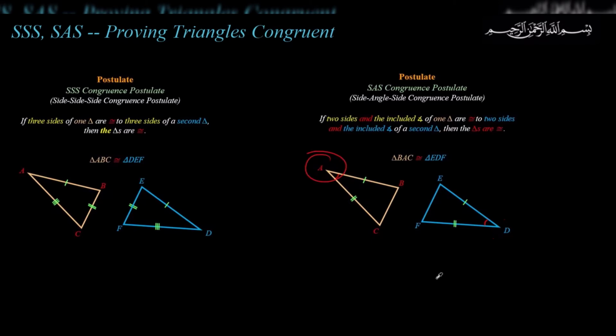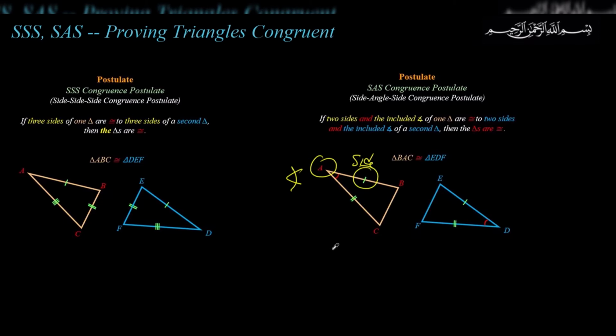Then the two triangles are congruent. That's why this is called side angle side. Side, angle, and side. So side angle side triangle congruence postulate. So we have the side congruence postulate and the side angle side congruence postulate.